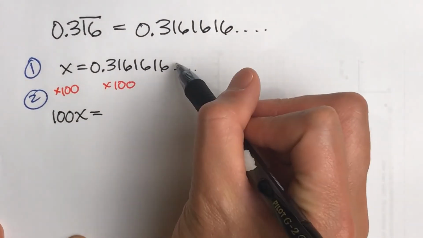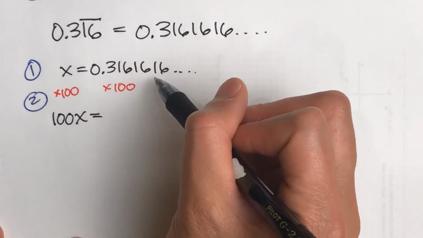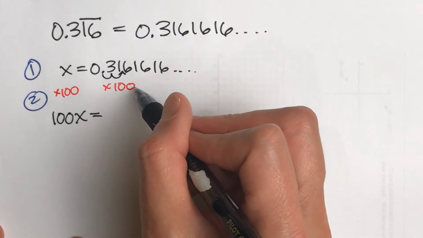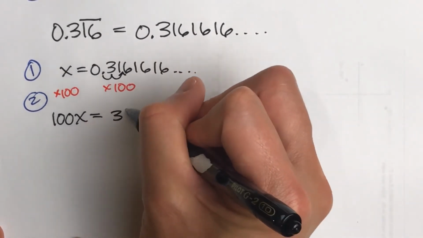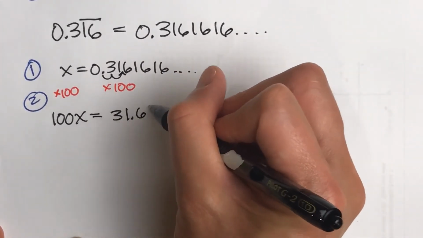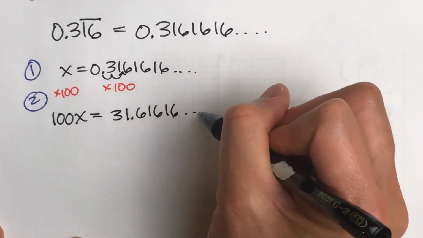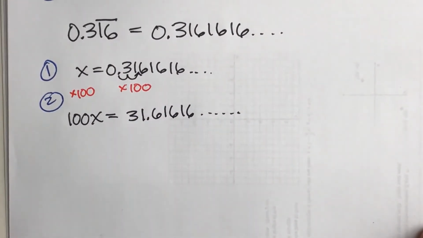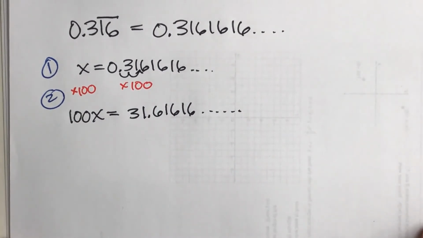And whenever we multiply a decimal by 100, we move that decimal over 2 places. So this becomes 31.616161616161... All right, step 2 complete.